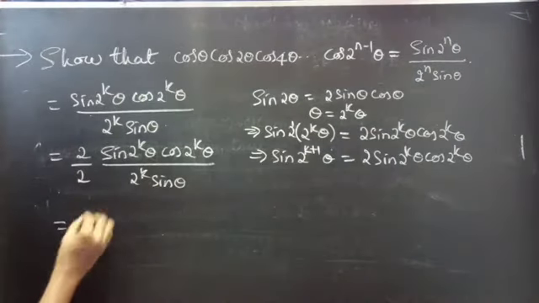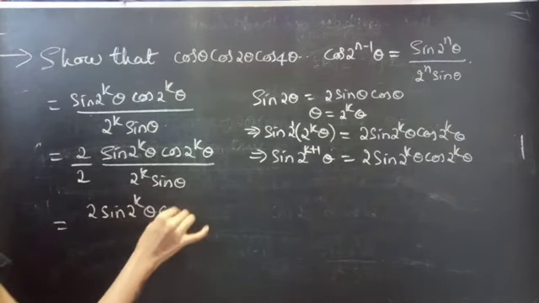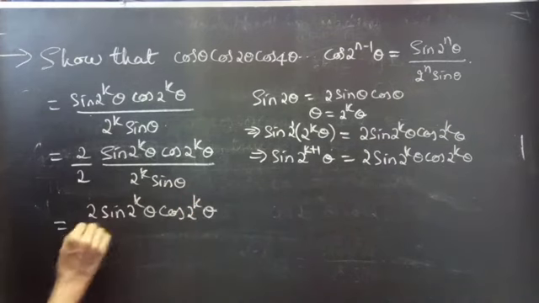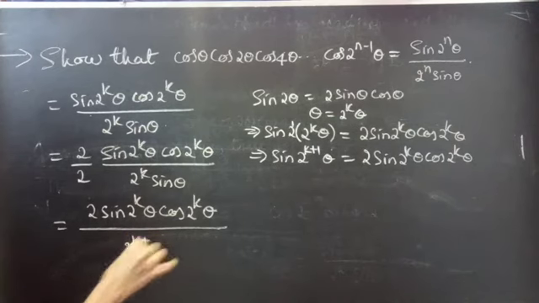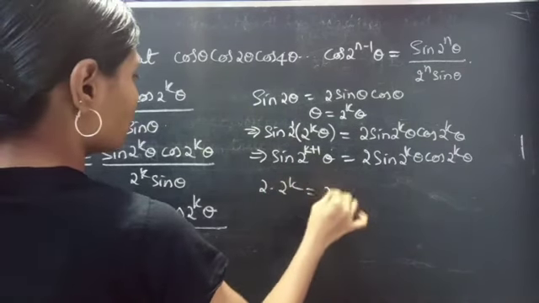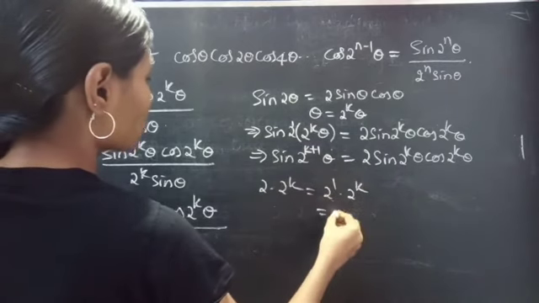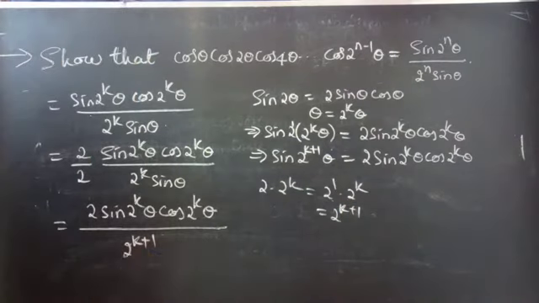So this is equals to 2 sin 2 power k into theta into cos 2 power k into theta by 2 power 2 into 2 power k, which is 2 power 1 into 2 power k. Bases are equal, so powers must be added. You'll get 2 power k plus 1 into sin theta.